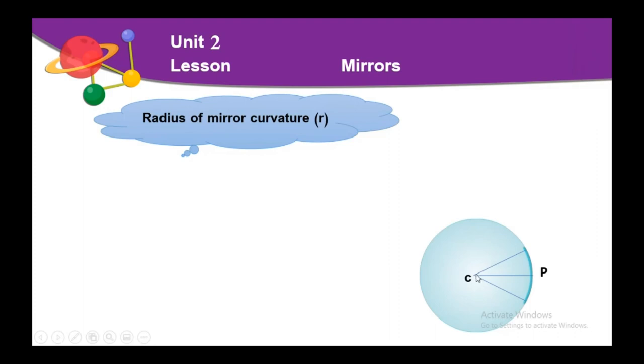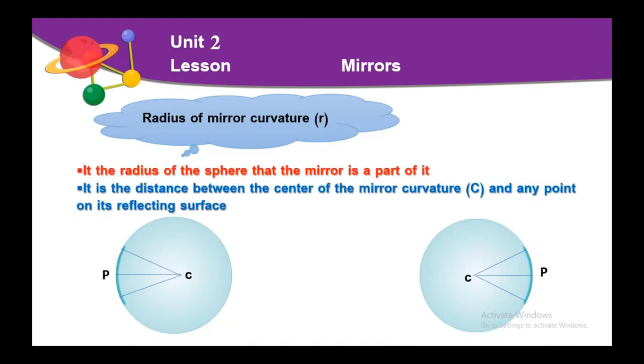The distance between the center and the pole is called the radius, as in the convex lens. So what is the meaning of radius? It is the radius of the sphere that the mirror is a part of, or the distance between the center of the mirror's curvature and any point on its reflecting surface.